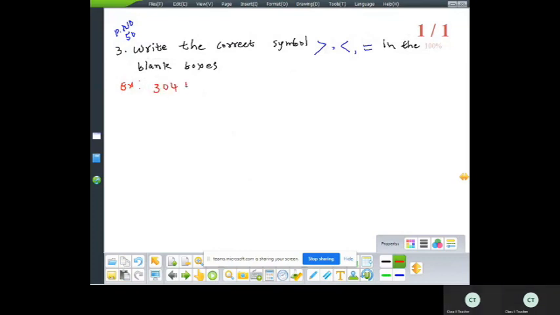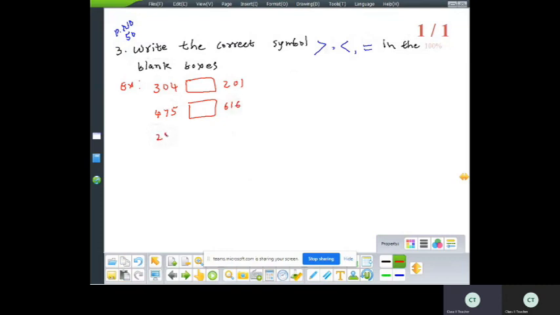304 box 201. That is the first example. Now the second example, 475 box 616.